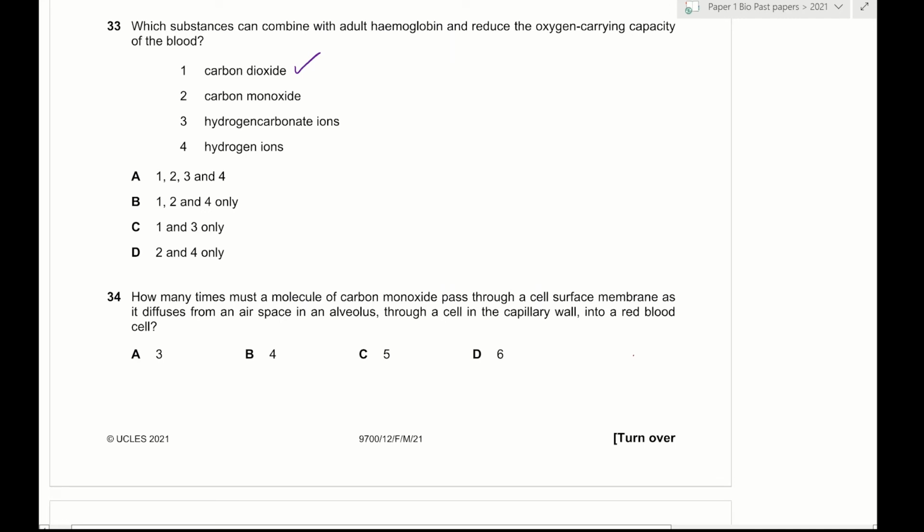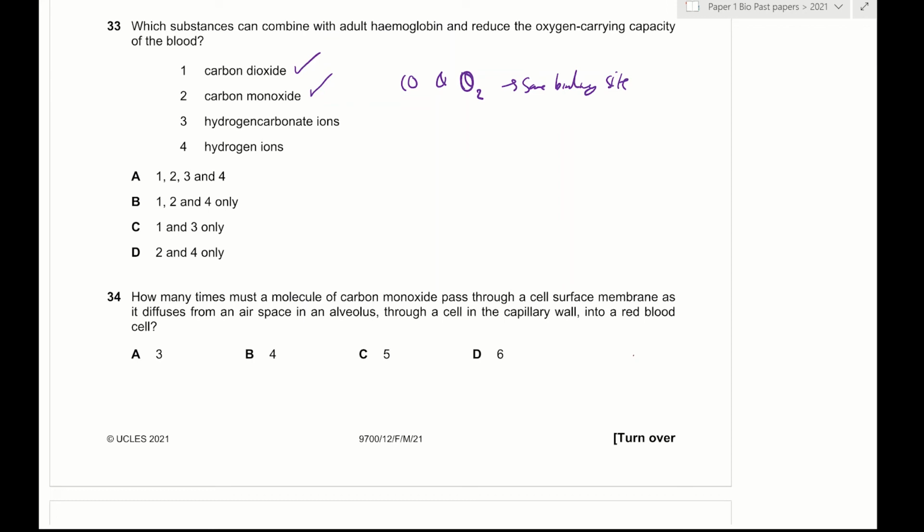Carbon monoxide. Yes, carbon monoxide decreases the oxygen carrying capacity. The reason for this is both carbon monoxide and oxygen share the same binding site on hemoglobin. Second of all, hemoglobin has a higher affinity for carbon monoxide than oxygen, so carbon monoxide combines first.